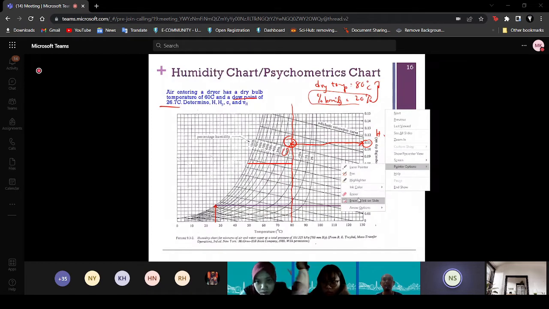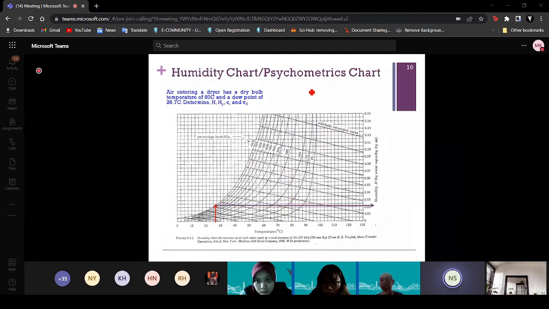Let's say I give you humidity. Okay, ni tolong volunteer. Let's say I give you humidity 0.07 kilo water over kilo dry air. So what is the T dew point? Apa T dew point? Boleh tak seorang? 2 minit.